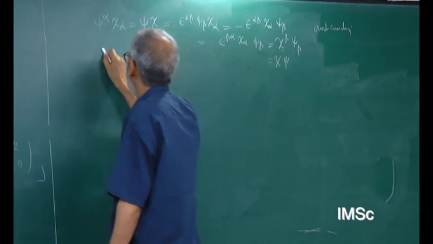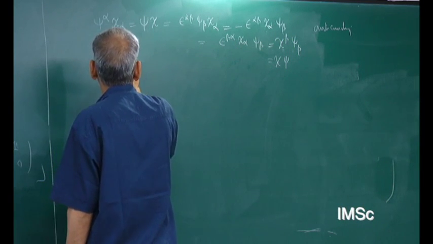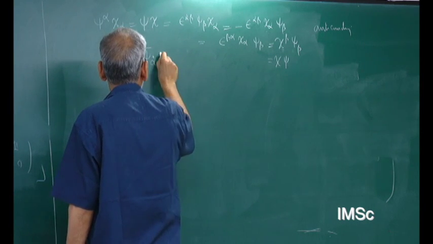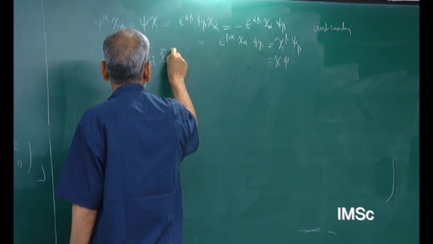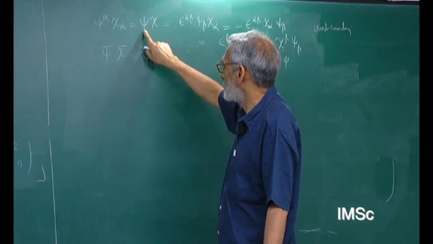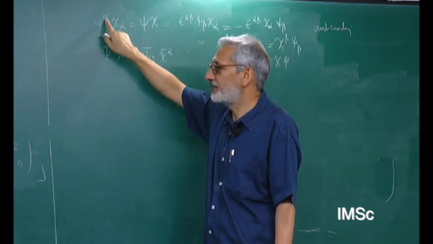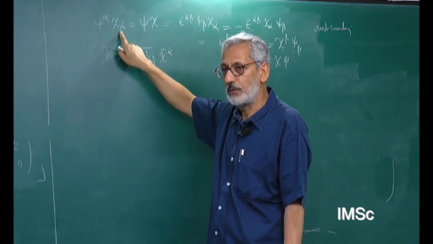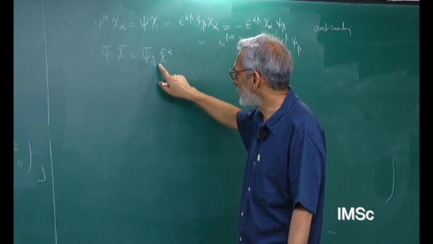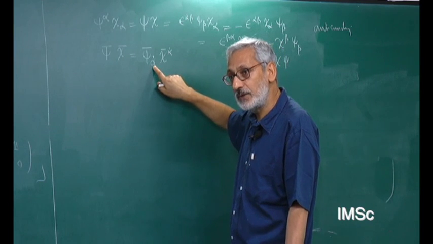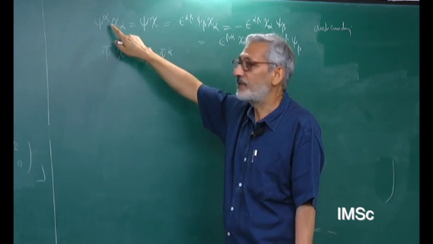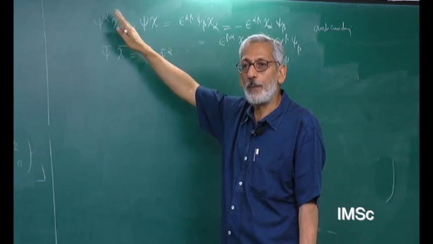And similarly, shorthand notation for psi bar chi bar is psi bar alpha dot down, chi bar alpha dot up. Now see the difference between definitions here. Psi and chi is contraction with first up, second down. And this psi bar chi bar contraction is with the first down and second up. This is the rule. When you make contractions with the undotted ones, you go from up to down.